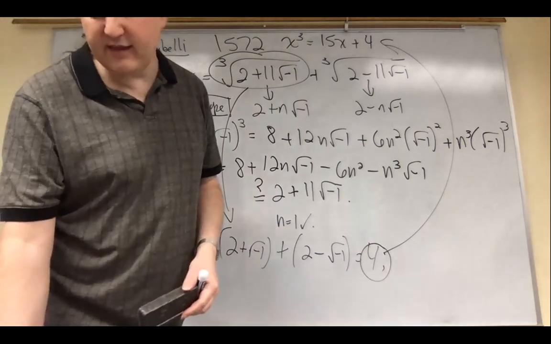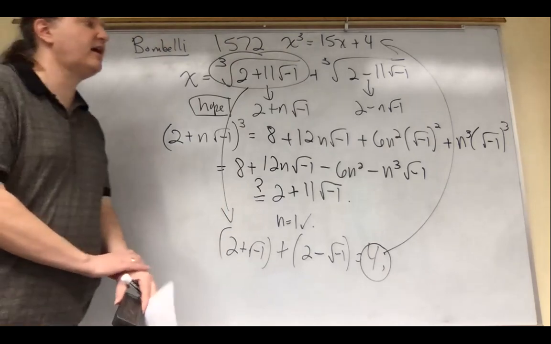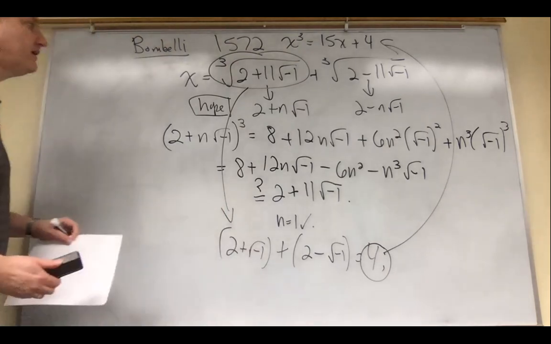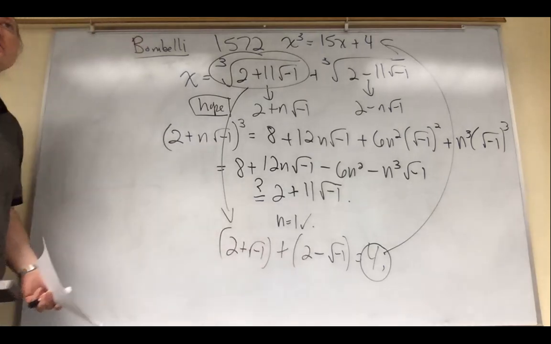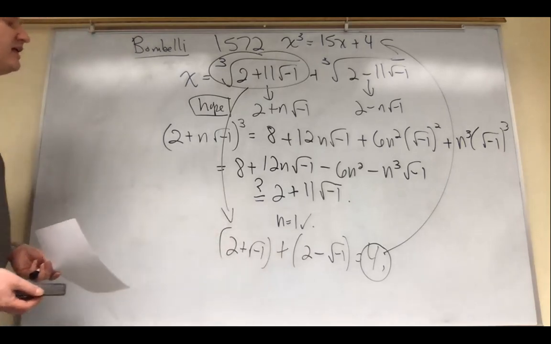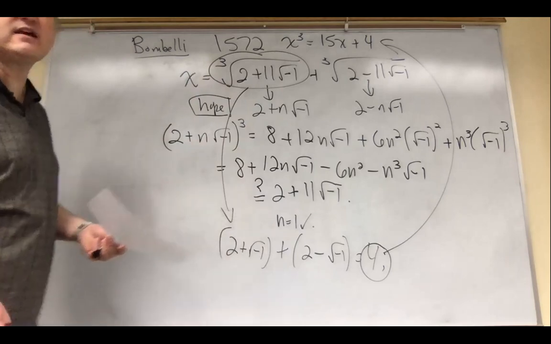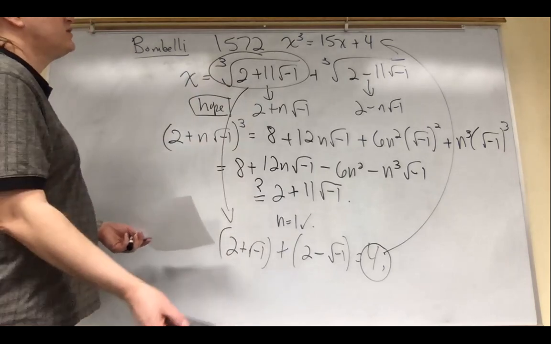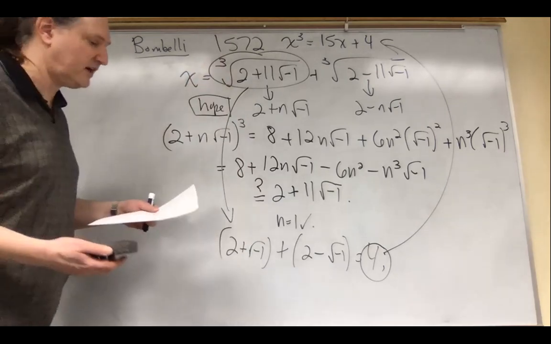So that is why humans started caring about complex numbers. Not because anyone ever wanted there to be a square root of negative 1. There was no real desire. It was easy to just say there was no such thing. But here we see why admitting that there is such a thing allows you to do valuable work and find an answer that you thought you could find. All right.